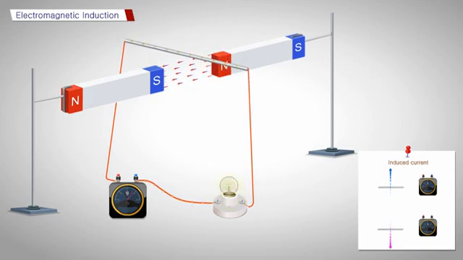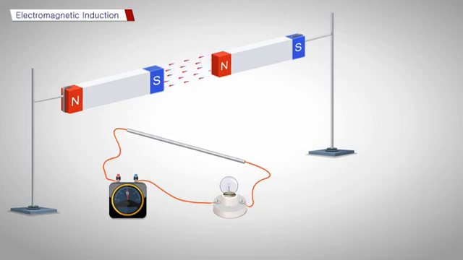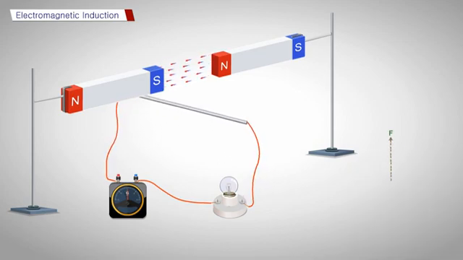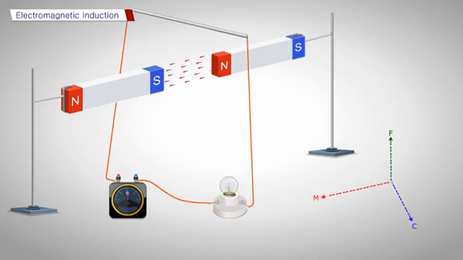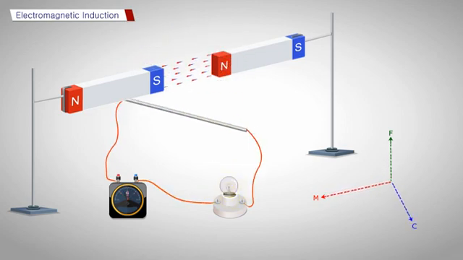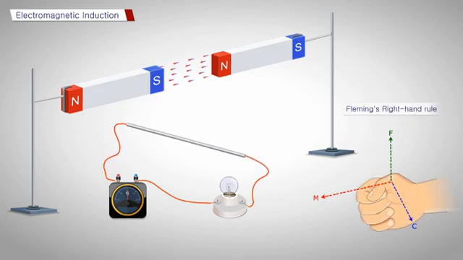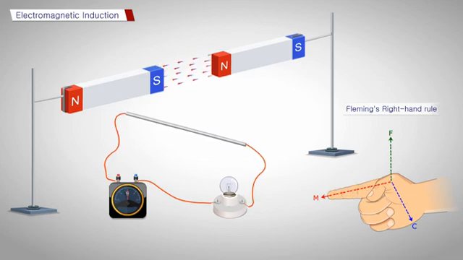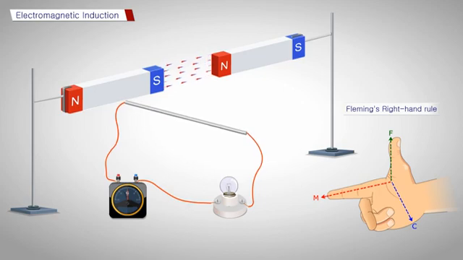If the conductor is moving inside the magnetic field, there will be a relationship between the direction of applied force, magnetic field, and the current. The relation between these 3 directions is determined by Fleming's right hand rule. For that, hold out the right hand with the first finger, second finger, and the thumb at right angles to each other.